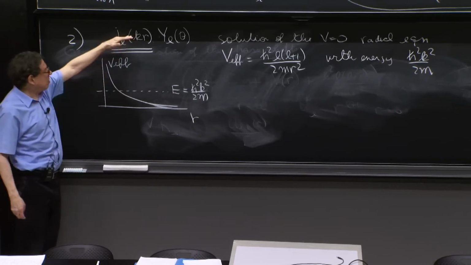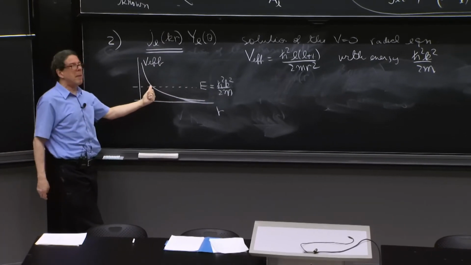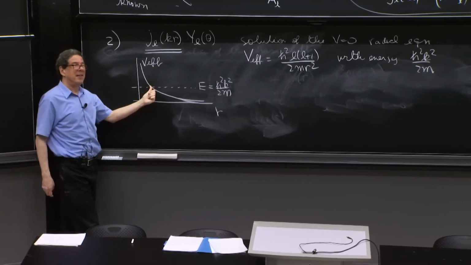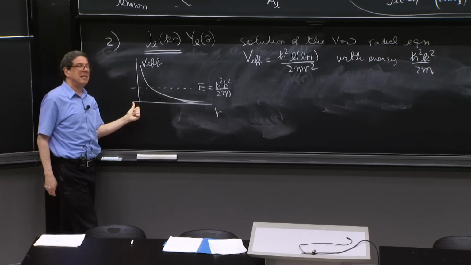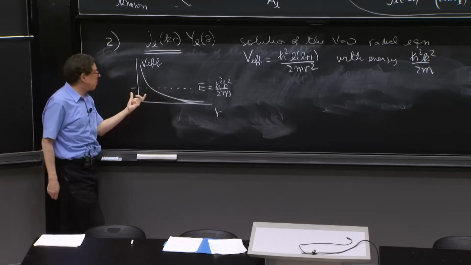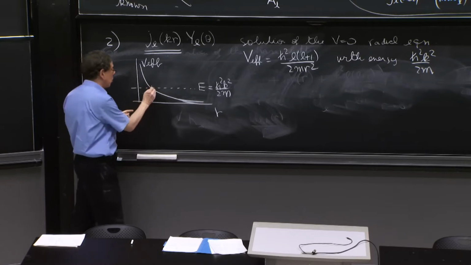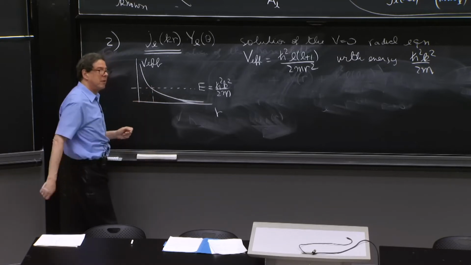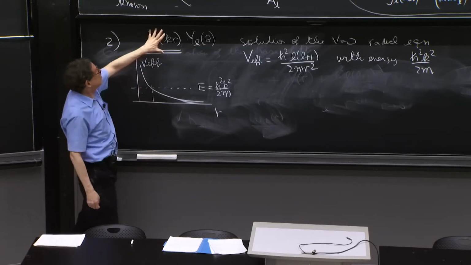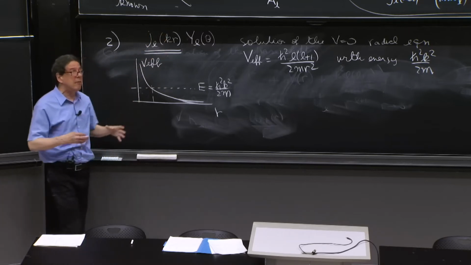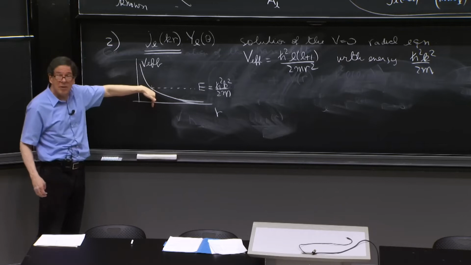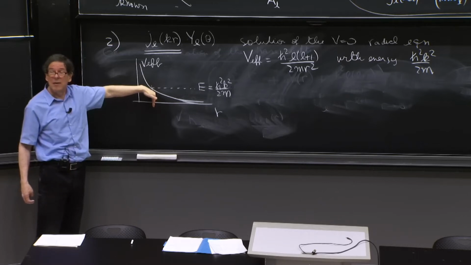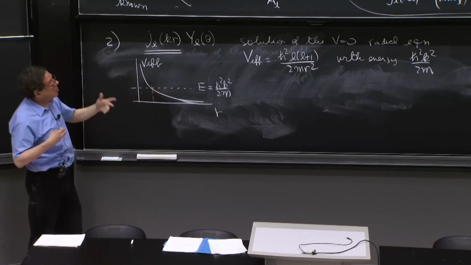This solution encounters a barrier here. So it must be exponentially suppressed in this distance. It will be exponentially suppressed as you go below this turning point. Therefore, this partial wave will be 0 for some radius smaller than a certain distance here. And that's back to our intuition.